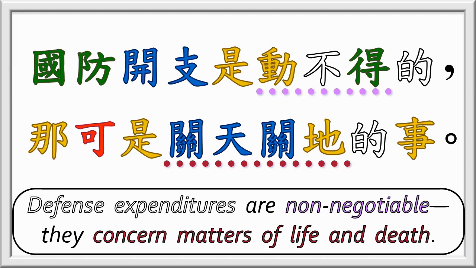They concern matters of life and death. 动不得 means something cannot be touched or moved, while 关天关地 is not a standard idiom, but a combination of 关天, concerning fate or the heavens, and 关地, implying earthly matters, used to express something of utmost importance, especially in the context of a critical situation such as national defense.